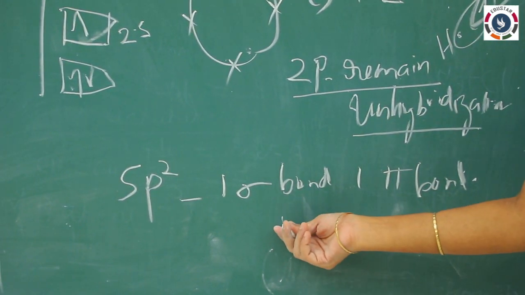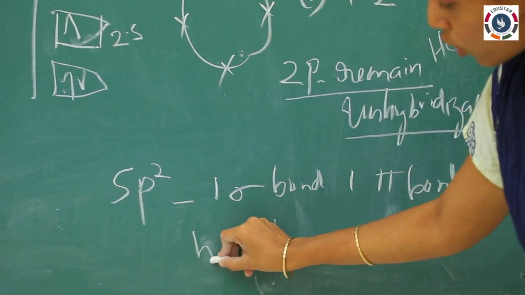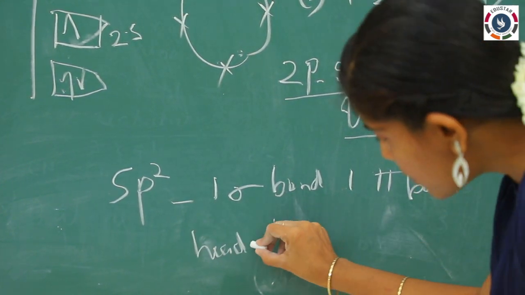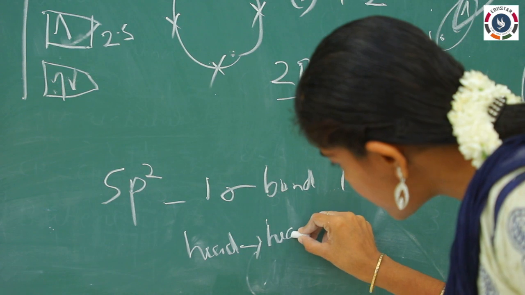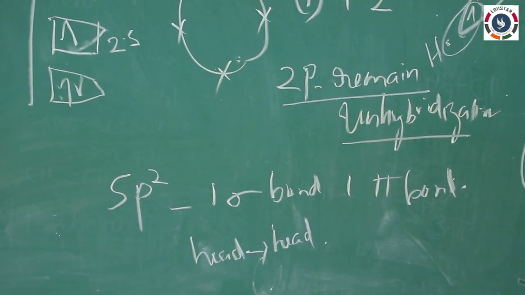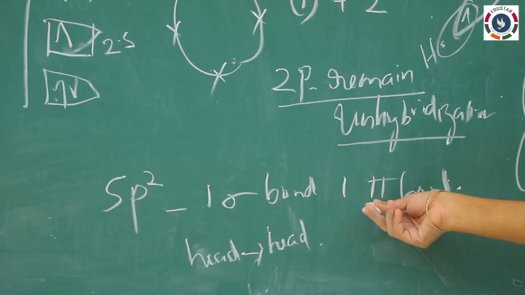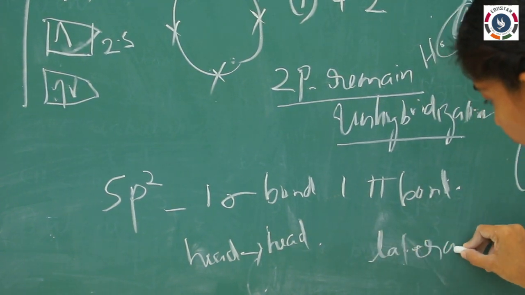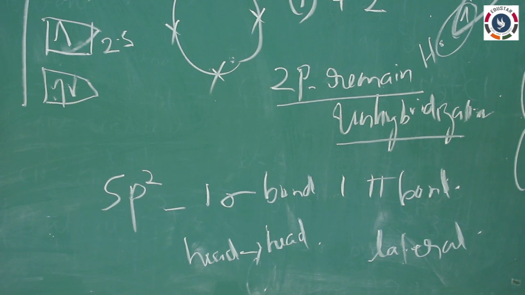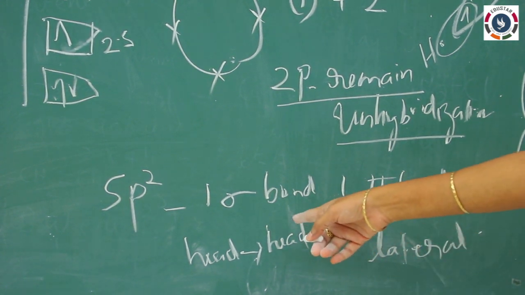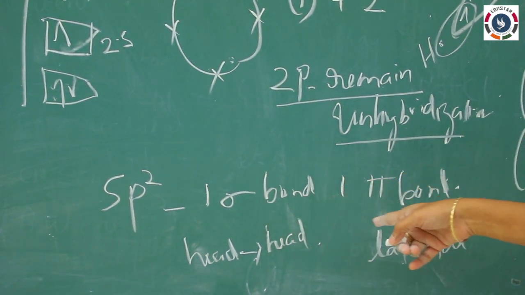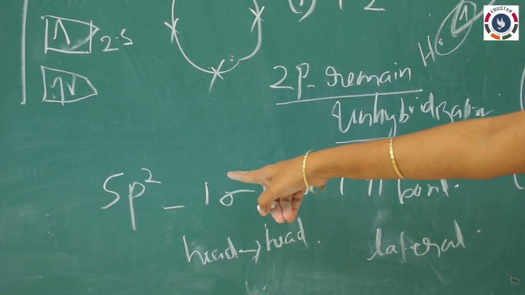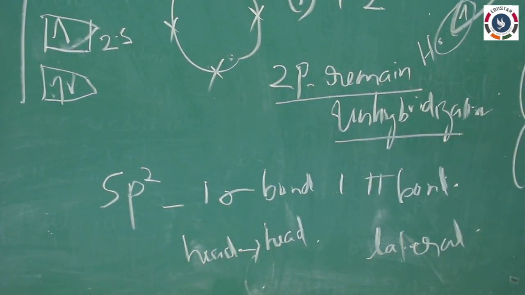This sigma bond is formed by the head to head overlap of orbitals. This pi bond is formed by the lateral overlap of orbitals. So, now we are having 1 sigma bond and 1 pi bond in the case of SP2 hybridization.